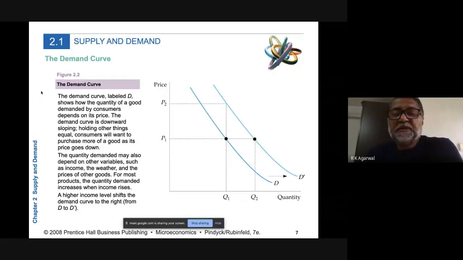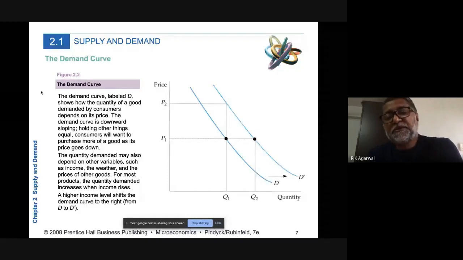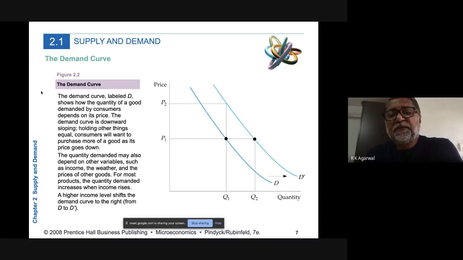Similarly, if the price of substitute products goes up, then the demand for the product will go up. If the price of complementary products falls, then the demand for the product will go up. All those so-called shift factors will shift the demand curve, whereas if we allow only the price of the product to change, then we will move along the demand curve.